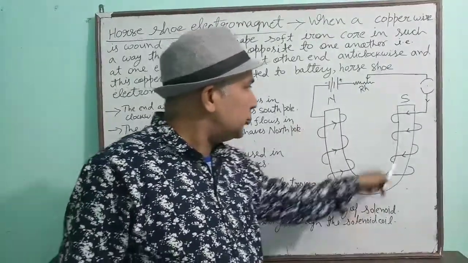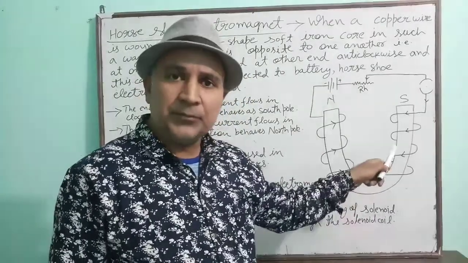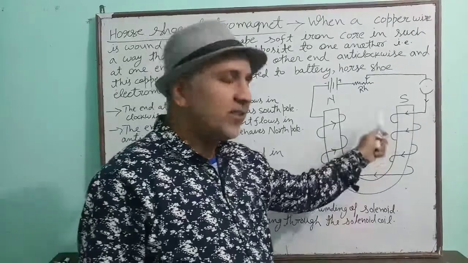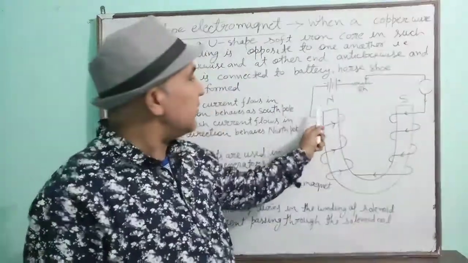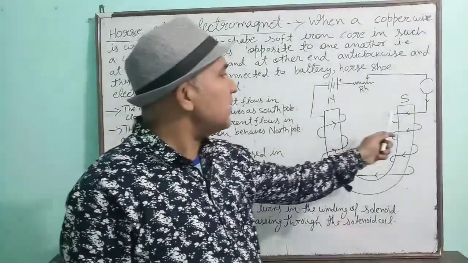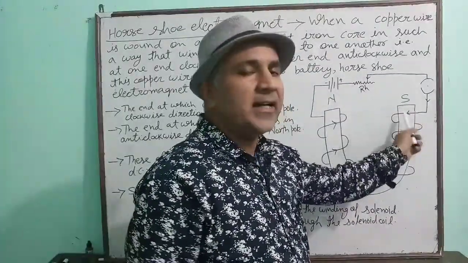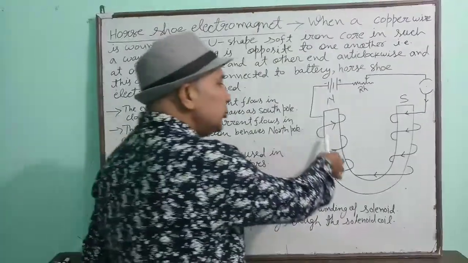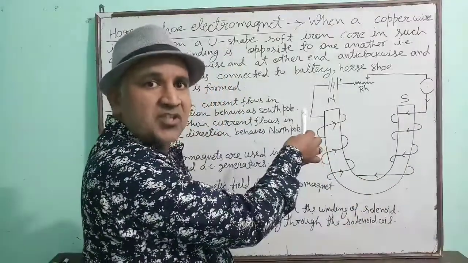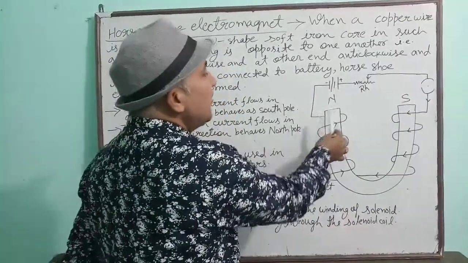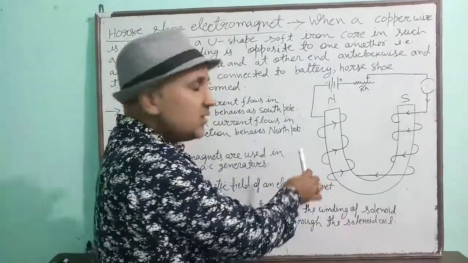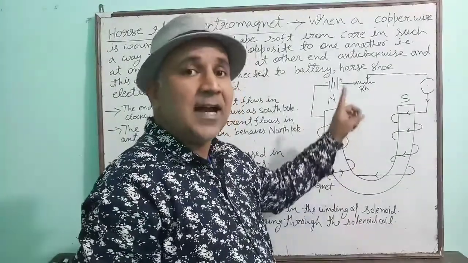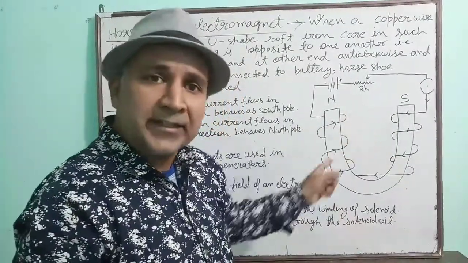If we take a U-shaped soft iron and the copper wire is wound on it in such a way that at one end the wire is wound clockwise and at the other end the wire is wound anti-clockwise. This point you have to remember.